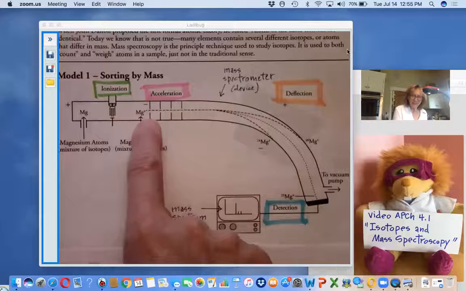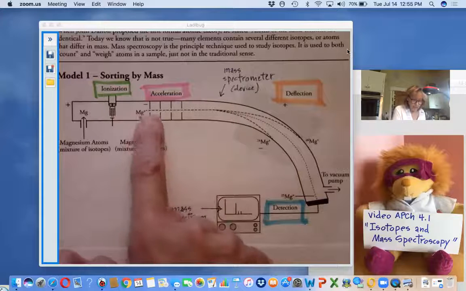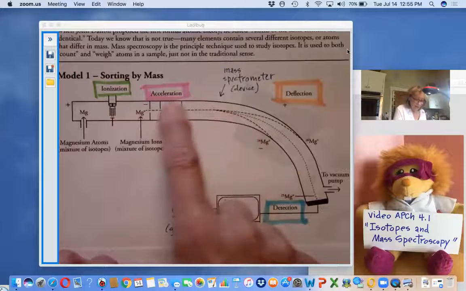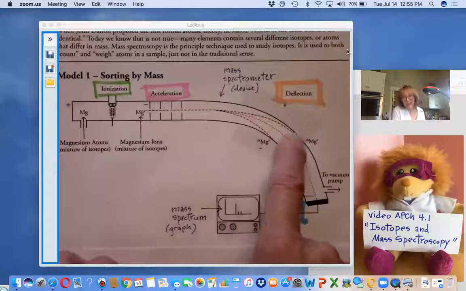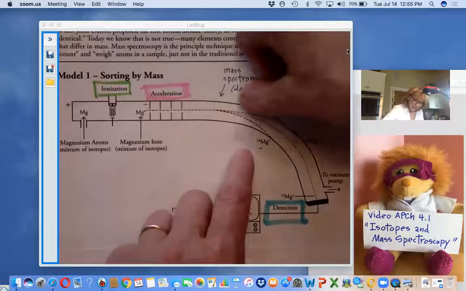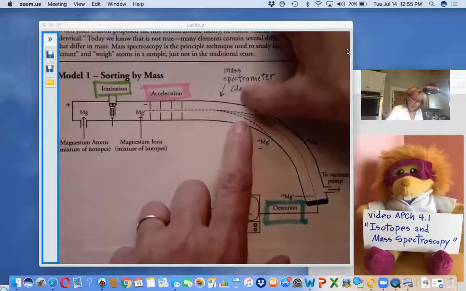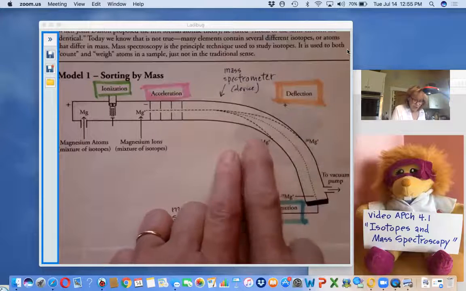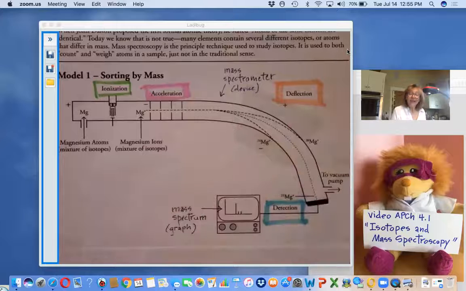And the deal is that the lightweight isotopes will be deflected a lot, and the heavier isotopes get deflected only a little. And along the sides of this tube in the mass spectrometer, there are places which will detect the isotopes as they get deflected.